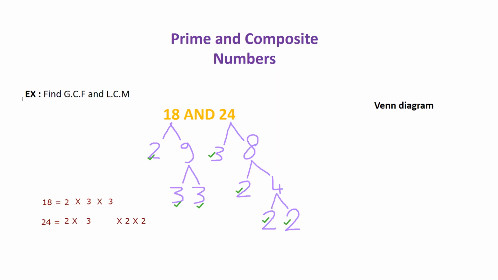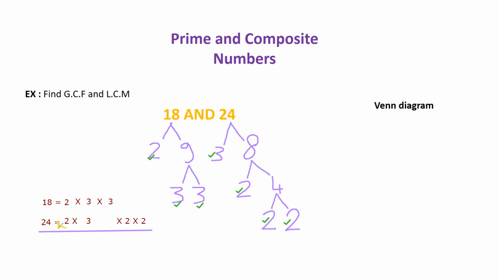Now, what is the GCF? GCF is the number which exists in both of them. So put your line and then take each 2 together as a 1. So here the GCF will be, can you make it? Yes, we have here 2.